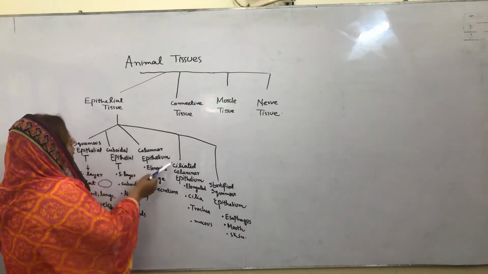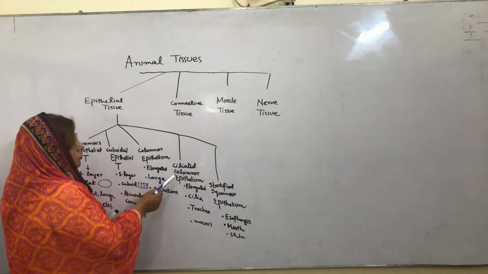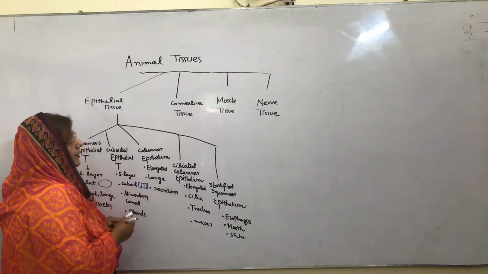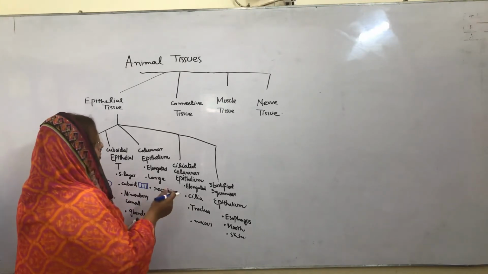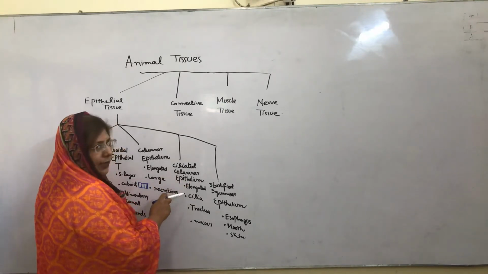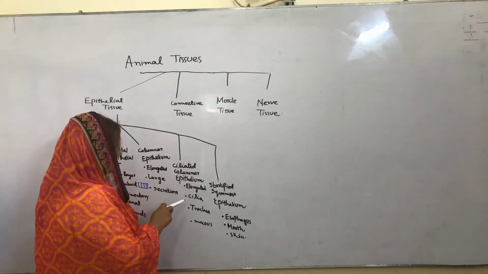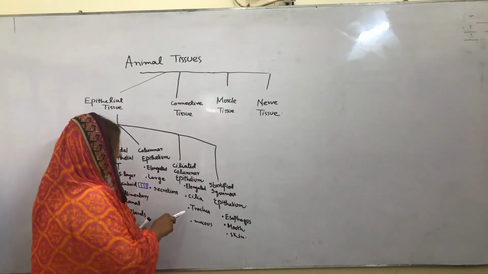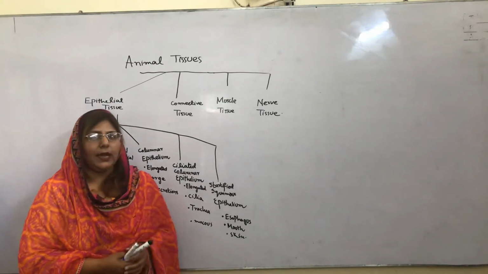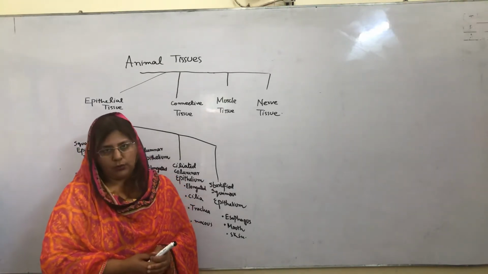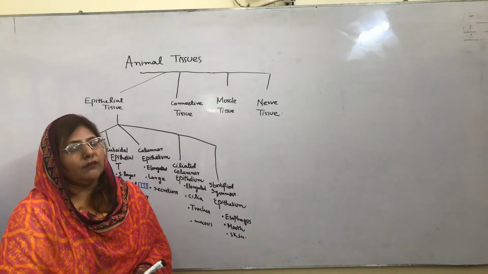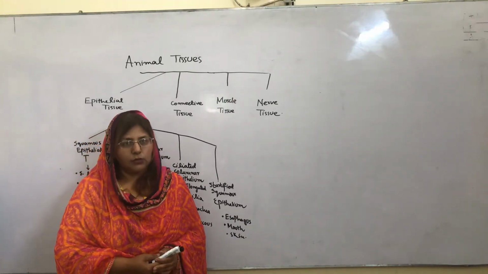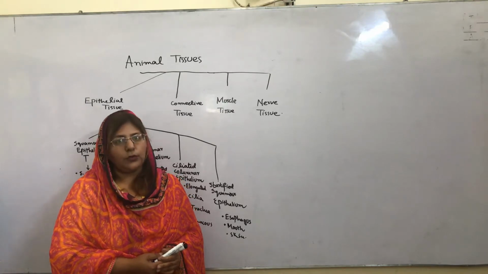The fourth part of epithelial tissue is ciliated columnar epithelium. As the name shows, they are elongated, large in size, and they have cilia, fine hairs in them. We can find them in the trachea, and they also make mucus. For example, in the respiratory system we have fine hairs in our nose, and they produce mucus.